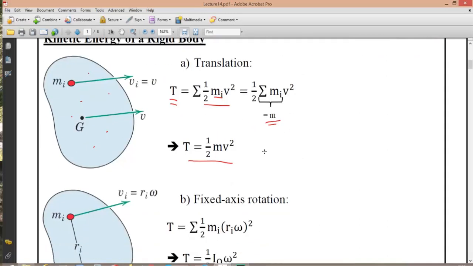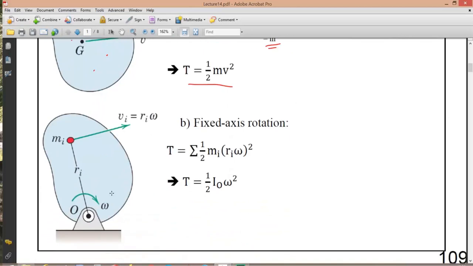Now, if we have a fixed axis rotation, then the velocity measured at any point will depend on the radius and the angular velocity. So if this is m_i, and let's say this is m_j, then this is r_j, and the kinetic energy for this discrete part of this rigid body will be calculated as 1/2 m_j (r_j omega) squared.